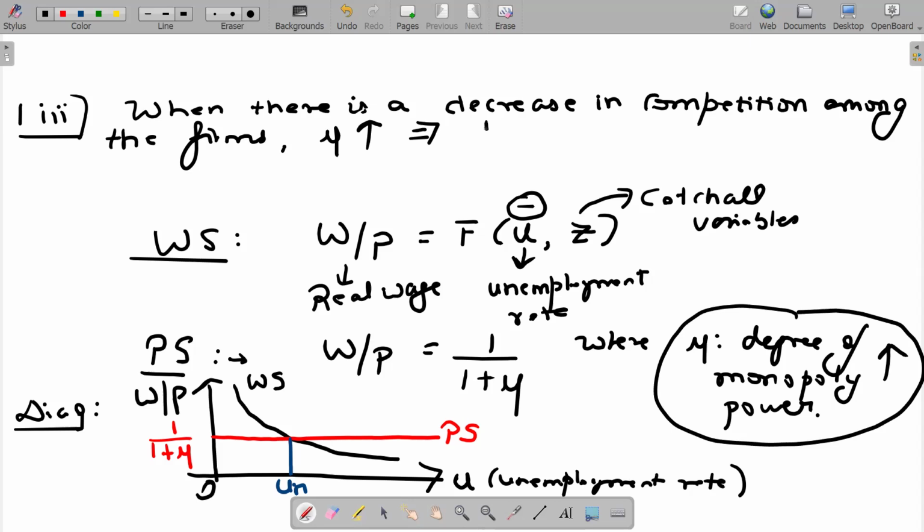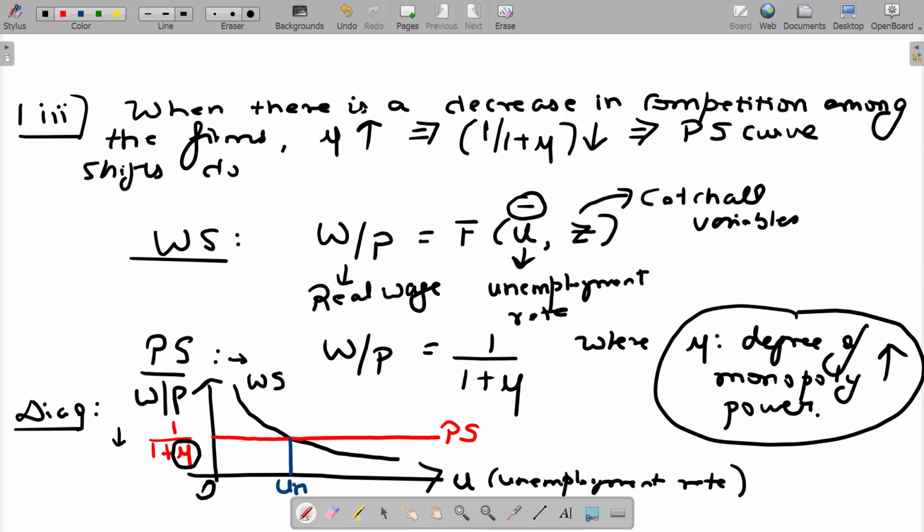When mu rises, 1 over 1 plus mu as a whole is going to fall, because remember, mu comes in the denominator. When mu rises, this whole term will fall, which implies the price setting curve shifts downward. And when the price setting curve shifts downwards, what will happen to the natural rate of unemployment? So this was PS0.